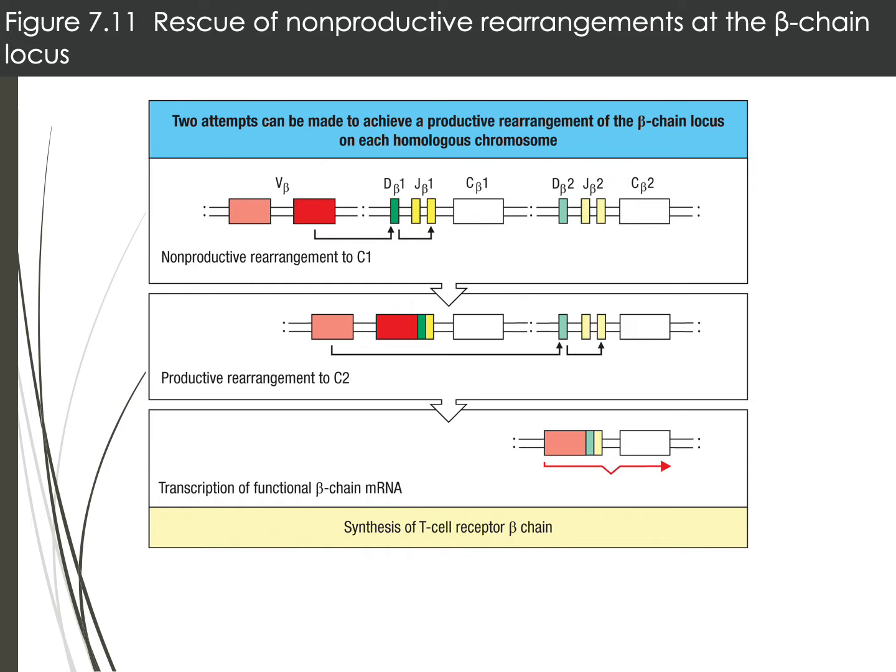Just like the B cell, where we can select variable regions that are still available on the gene after our initial recombination event that led to a non-productive arrangement, we can use the segments that are left to try to create a productive beta chain, one that would lead to a productive, functional T cell receptor. So again, they can undergo two attempts to fix and correct it. Again, I just don't agree with how this is presented as far as the segments that are left.